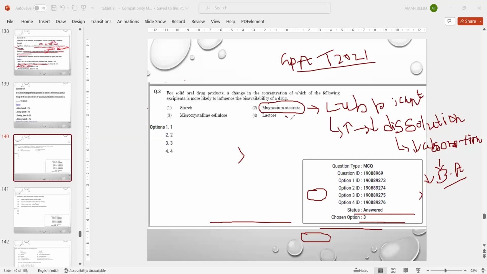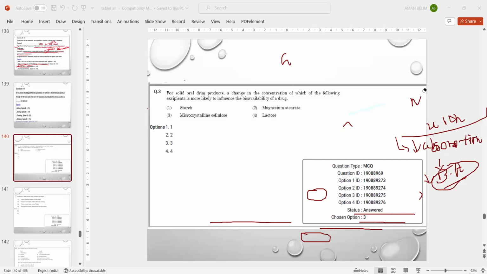So the answer is magnesium stearate, because if you increase or decrease its concentration, it will affect the dissolution and ultimately the bioavailability of the product. Okay, any question till now?